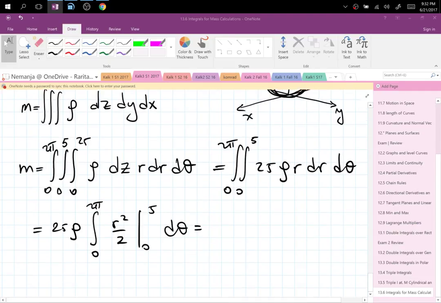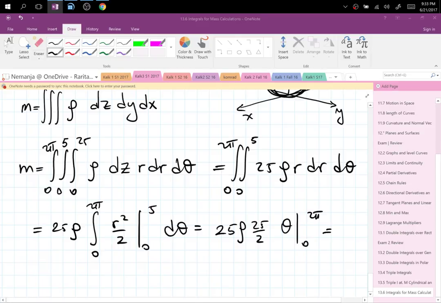I kick out, well, I have 25 rho, and then I have another 25 over 2, and then I have theta computed from 0 to 2 pi.